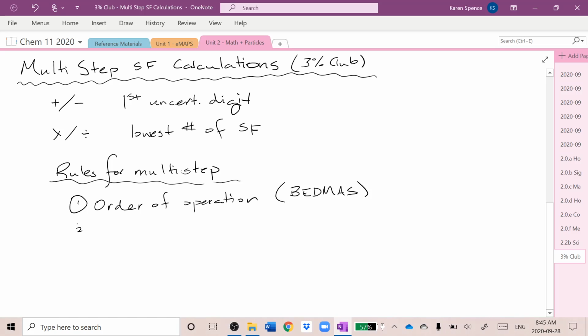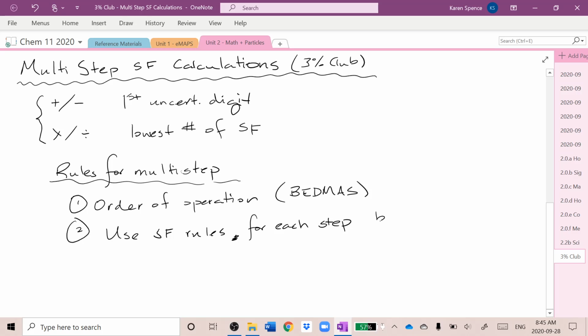You are going to use those sig fig rules, these ones up here that we just talked about, but you are not going to round off in each step. You're just going to keep track of them. So you're going to use sig fig rules for each step, but you're not going to round off.